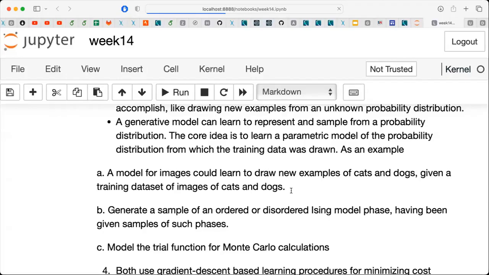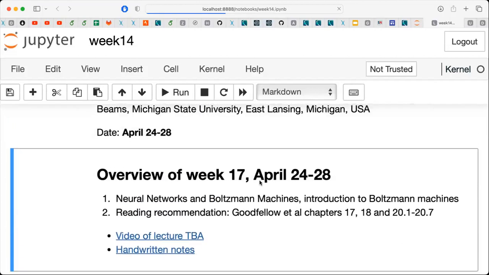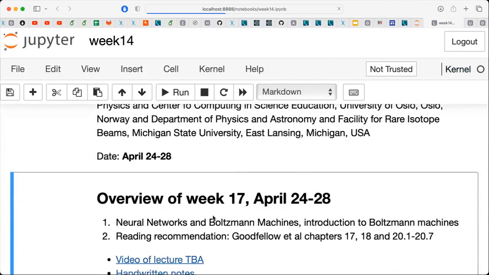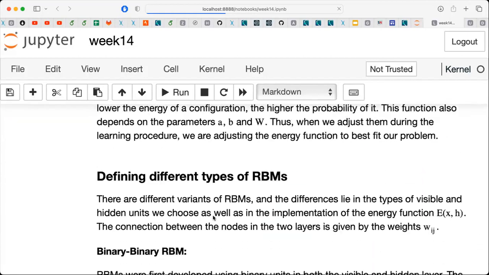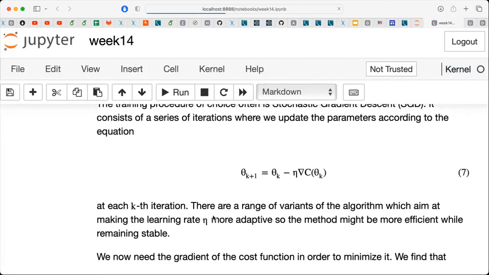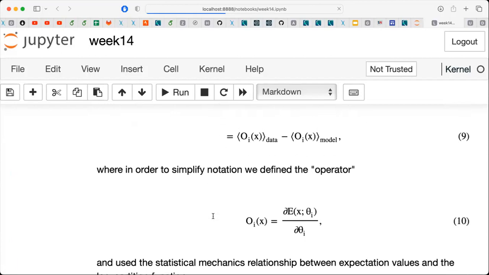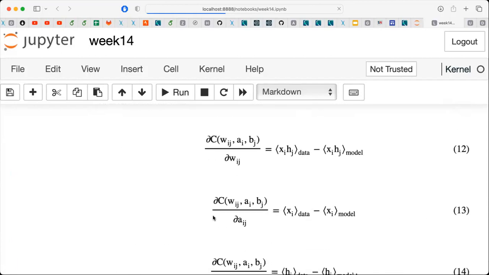And if you now go back to the Jupyter notebook, you will then see in the notebook for this week that we have a description of all the different Boltzmann machines first. But then if you now scroll down, this first part applies to generative deep learning methods without thinking of the quantum mechanical problem.